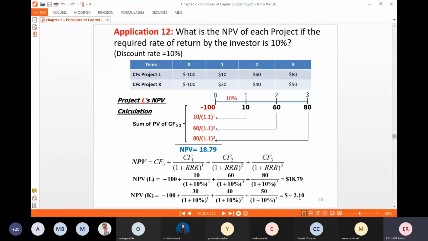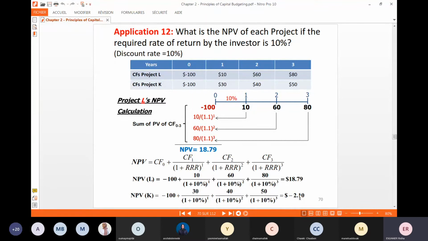And in addition to this, what the project will generate for me in the future covers the 10% and the $100 million invested, and I will get $18.79 million, the value of today, of course. This is the increase in my wealth if I accept to finance, to realize project L.